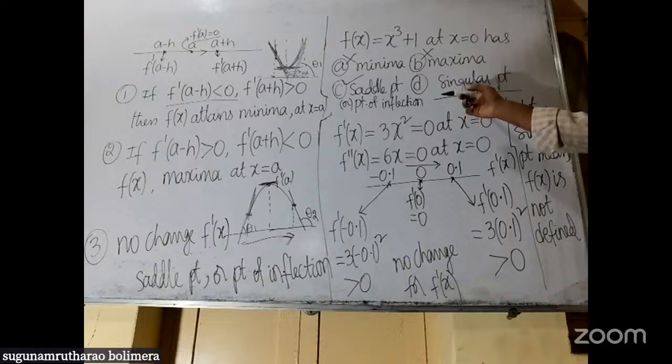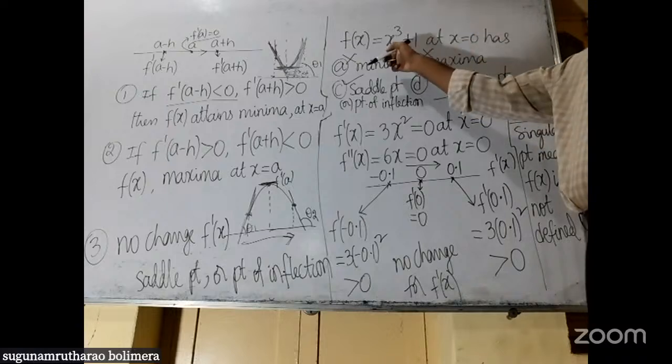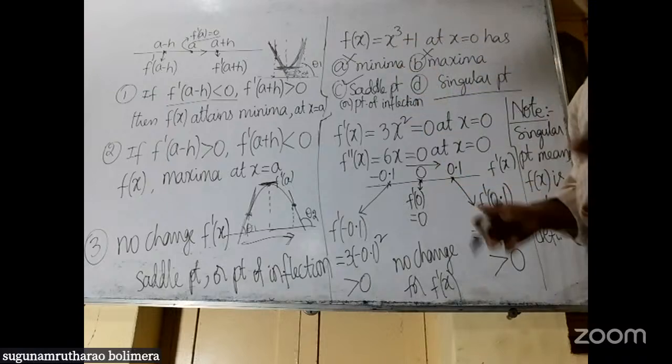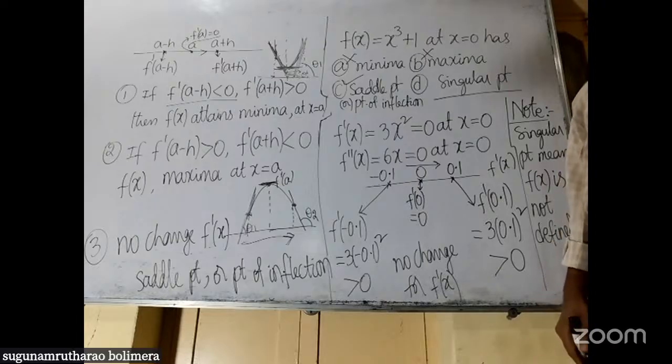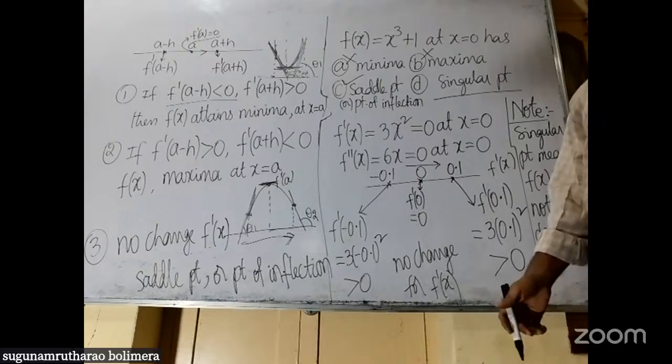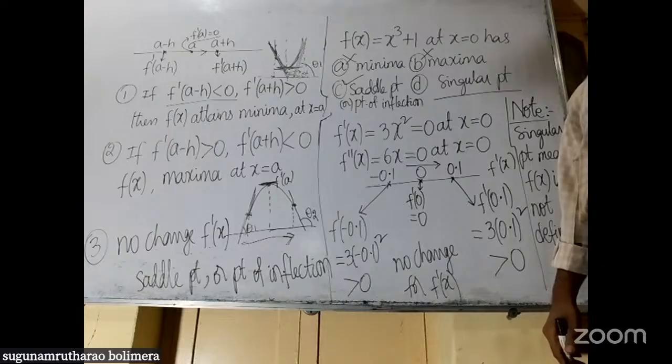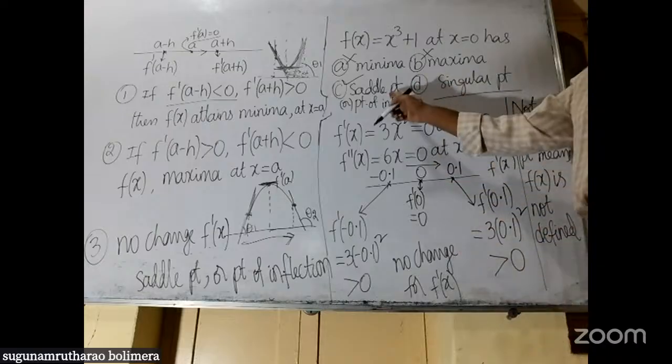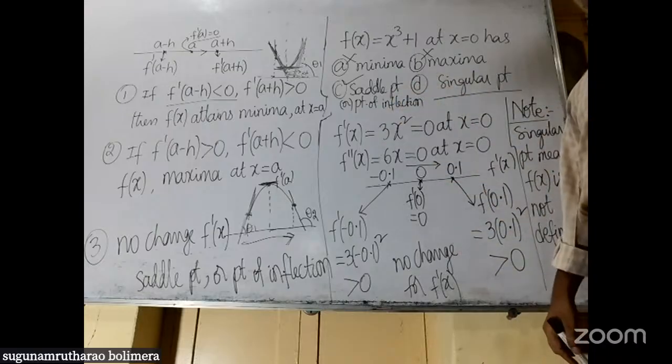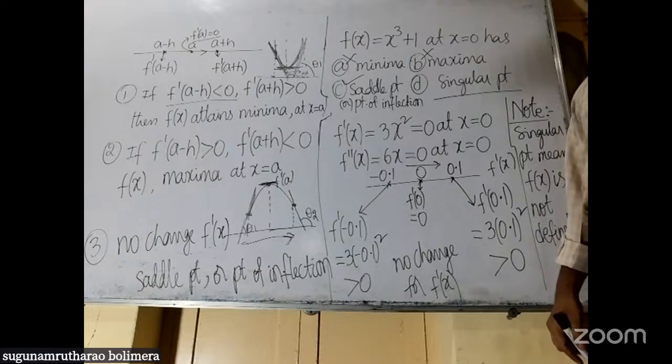But here the function value f of 0 is 1. It's defined. So you cannot say that it is singular point. So it is definitely saddle point or point of inflection. This is asking for you people itself.